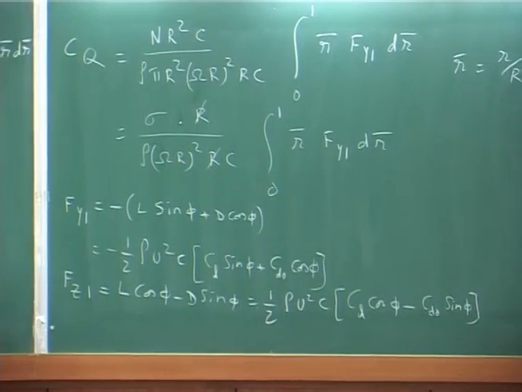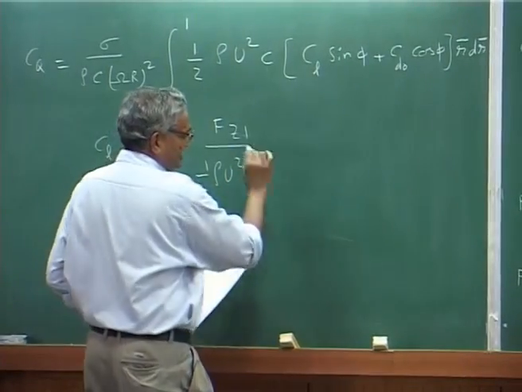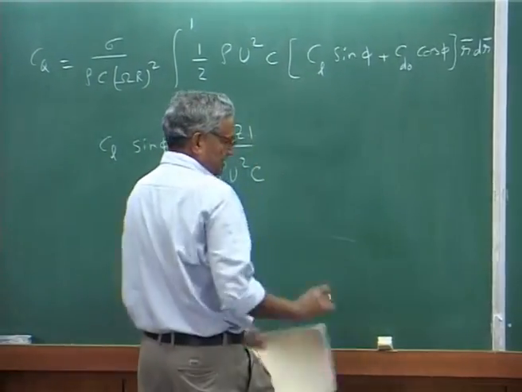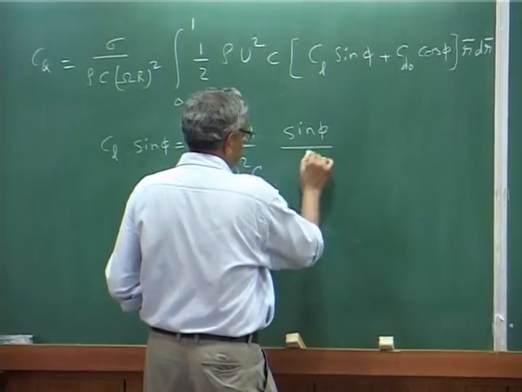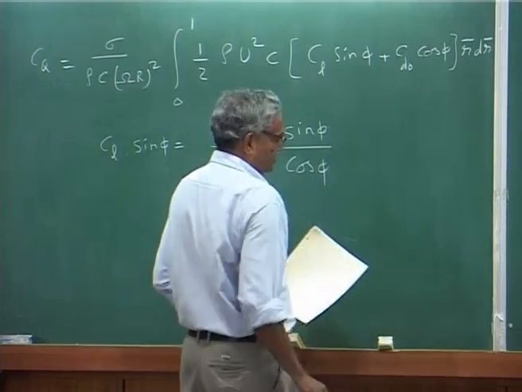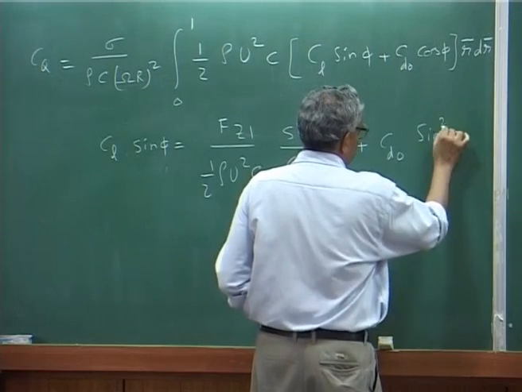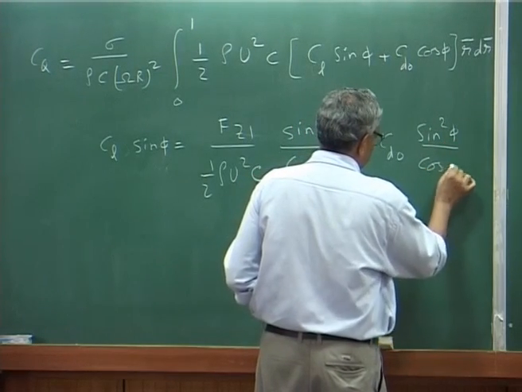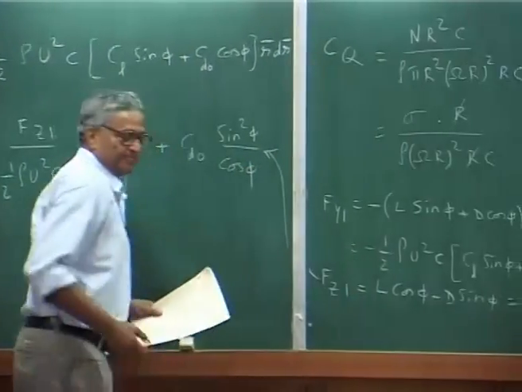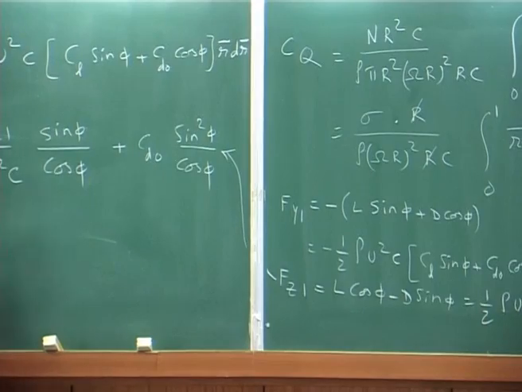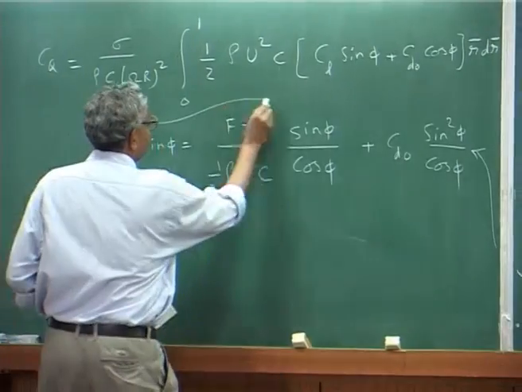So, you will have f z 1 over half rho u square C, that is this term, into sin phi over cosine phi plus C d 0 sin square phi over cosine phi. Please note I am getting it from this equation. Sin phi I am just multiplying, because I need to substitute this right here.